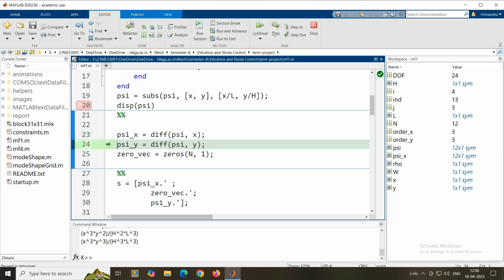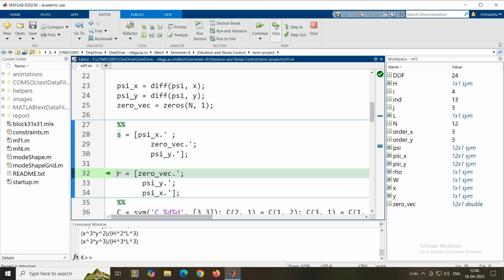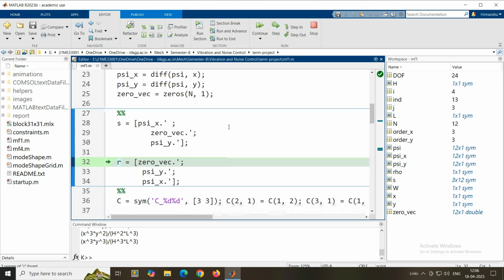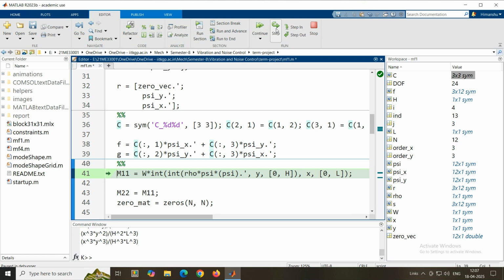Psi x is pretty straightforward. This s and r vector, everything it denotes is given in the formulation. I've written it so that it is clear to me what I am doing, so that I don't have to document it in the code.